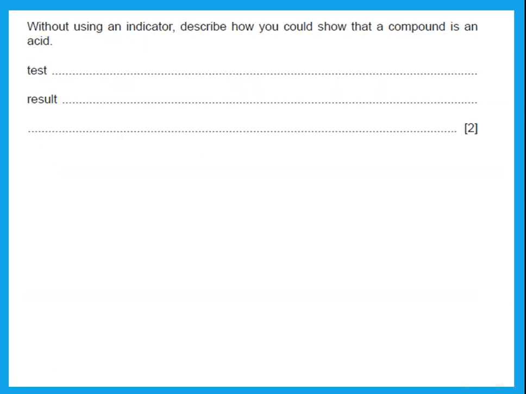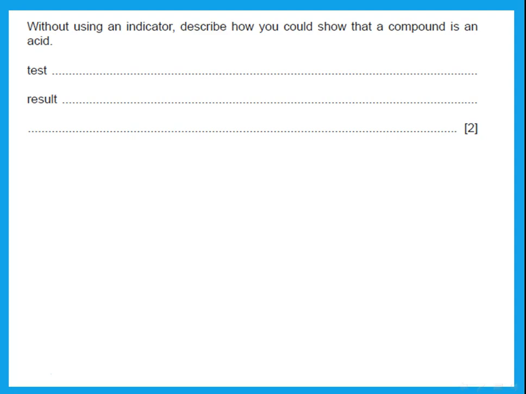Without using an indicator, describe how you could show that a compound is an acid. Remember that if I have an acid and I want to show it's an acid, I could simply put in litmus paper or universal indicator, but he doesn't want that. He doesn't want using an indicator. So we think, okay, we use acid to test for what? Remember that we use acid to test for carbonate.